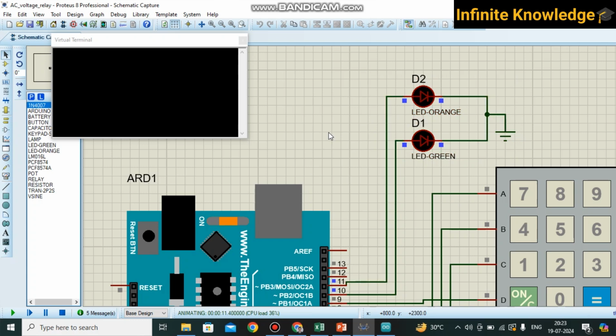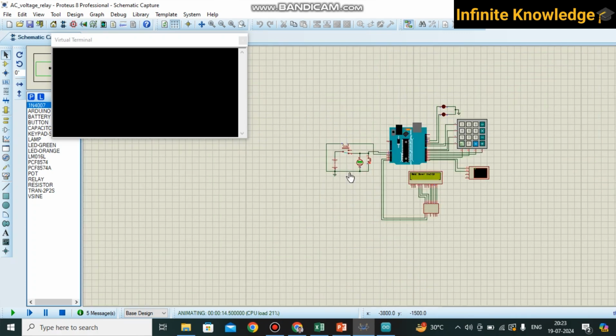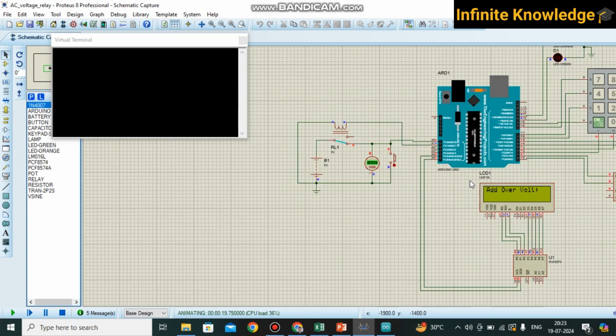If it trips on over voltage, then I think this will glow, and if it is under voltage, I think this orange LED will glow. Okay, and this is the display. The ZMPT101B is actually not available in the Proteus software, so I have simply developed this 5 volt circuitry, and this way we are getting some voltage.